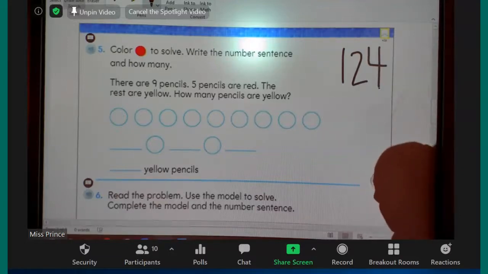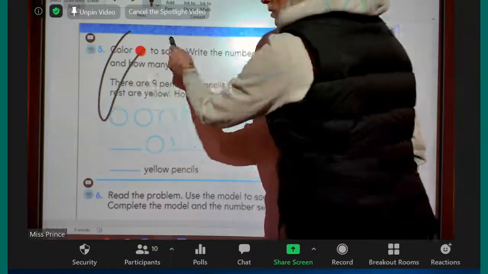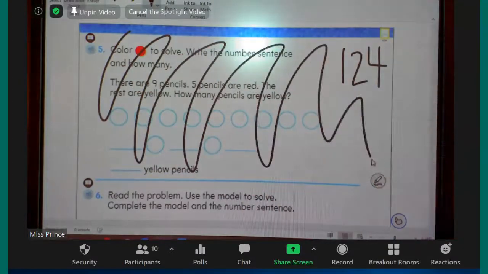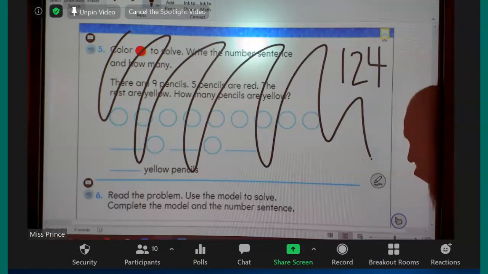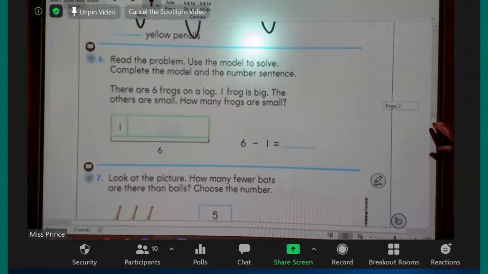Now, this is a problem that we are skipping. So watch what I do. It says number 5 here. This is what I want you to do to your problem. We're skipping it. You won't see this on the test. So we're going to go to problem 6.